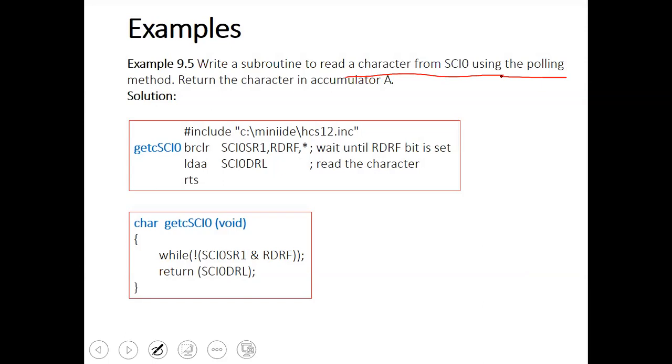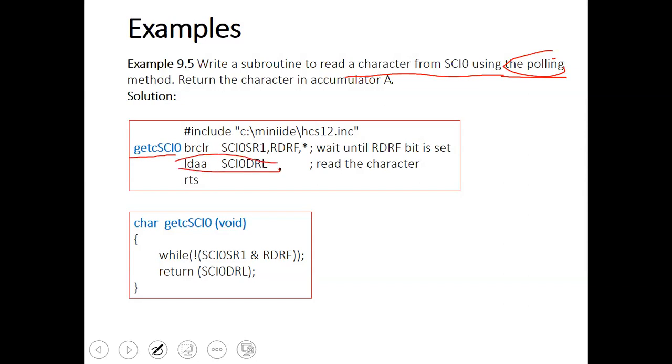It is called get character SCI 0, and it is using polling. So basically, to read the received data into accumulator A, we write this instruction.